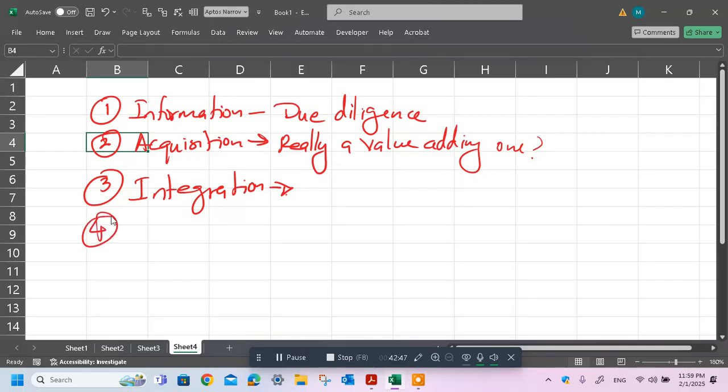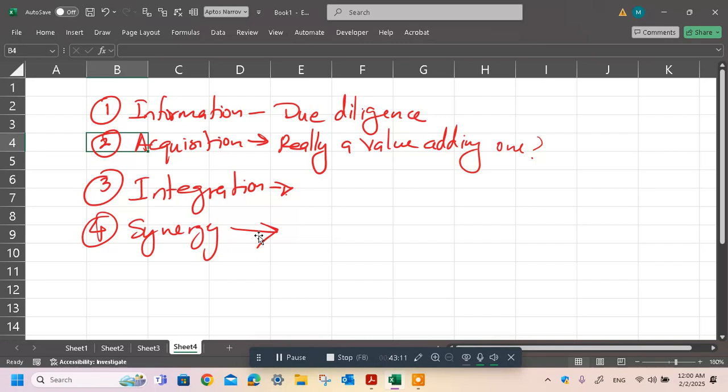Fourth one, synergy. We included some synergy. Thorough analysis has to be done whether the synergy is realizable or not, because if you have miscalculated synergy, if it is overvalued, you might end up paying a high premium. Later, after the acquisition, you feel like, oh, this is not worth this much.